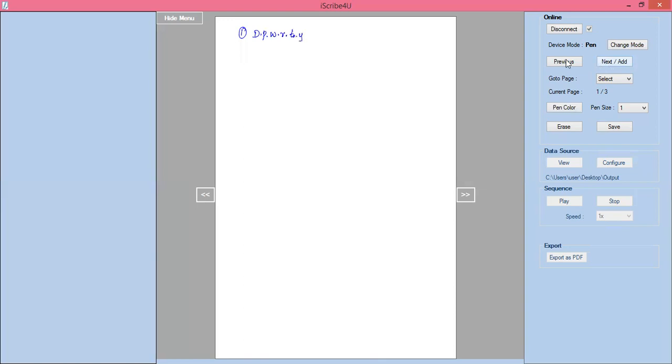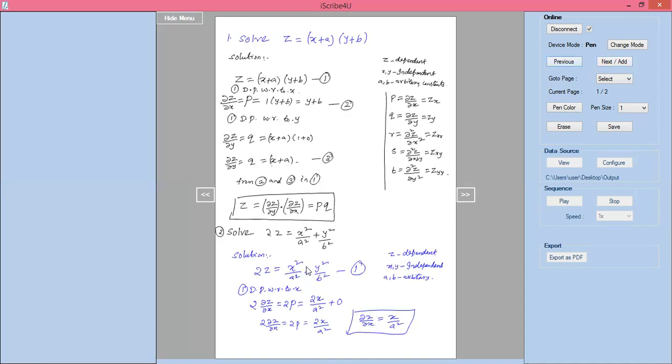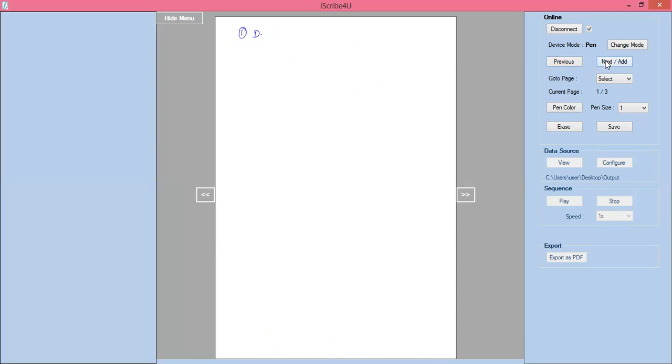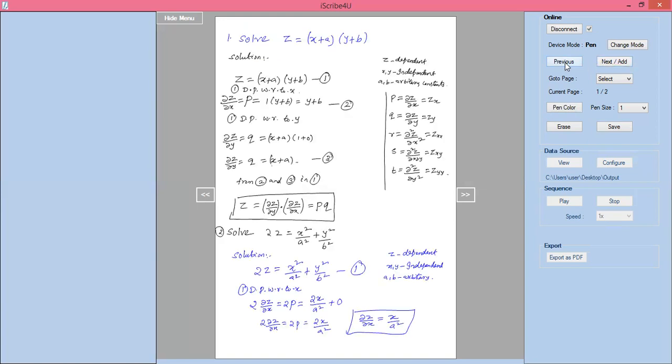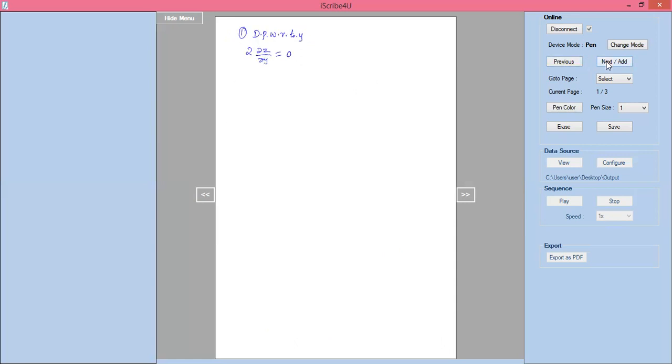If you differentiate with respect to y, 2 into x square by a square is 0, and y square by b square remains. So 2 into dou z by dou y equals 0 plus 2y by b square. I'll write this as 2 times q equal to 2y by b square. Now I can write dou z by dou y equal to y by b square.